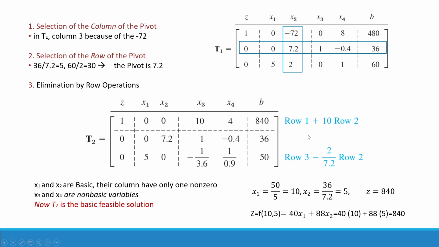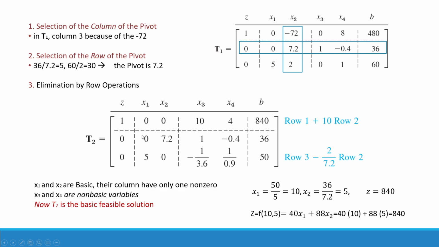Okay, in the same way, we multiply to get 0. In this case, we need to create 0 in this one and this one, so we do row 1 plus 10 row 2, and row 3 minus 2 divided by 7.2 row 2. Now we change the variable.